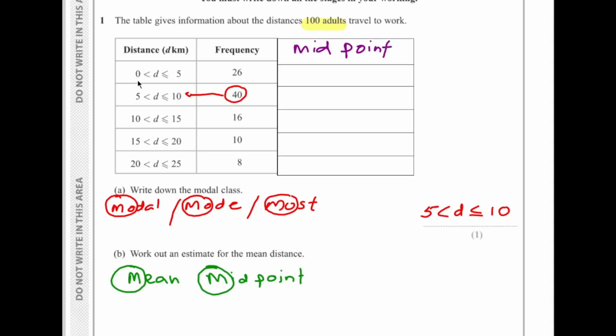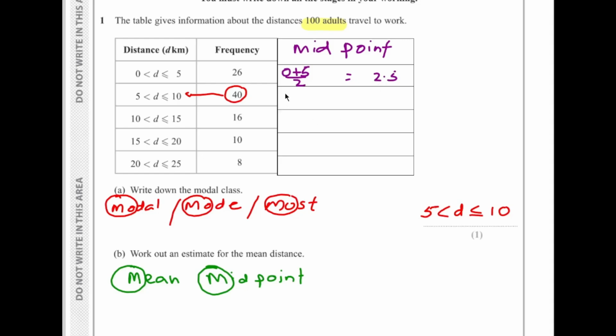I need to add the upper boundary and the lower boundary of one class interval together and divide by 2. So 0 plus 5 divided by 2 gives 2.5. The midpoint for the first class interval is 2.5.